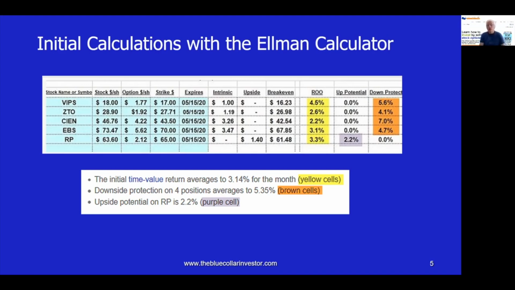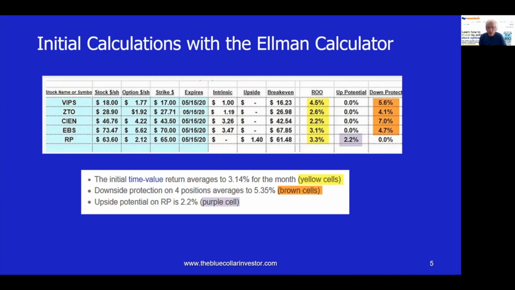Now, in the 1 strike where an out-of-the-money strike was selected, RP was trading at 63.60, and the 65 call was selected. So there were 4 in the money. This is the 1 out-of-the-money strike, 65 being higher than the 63.60 current market value.